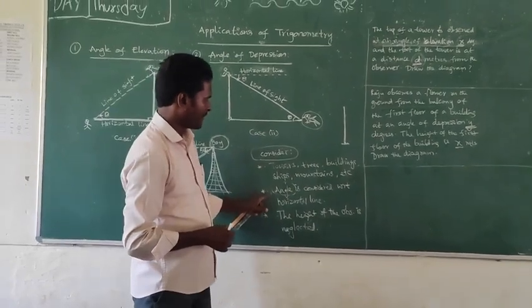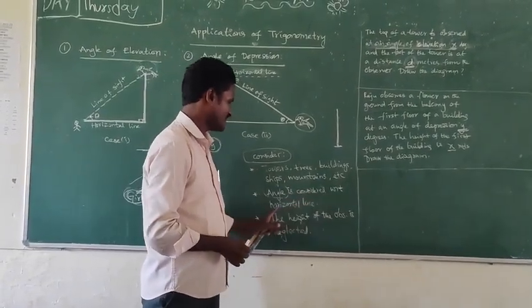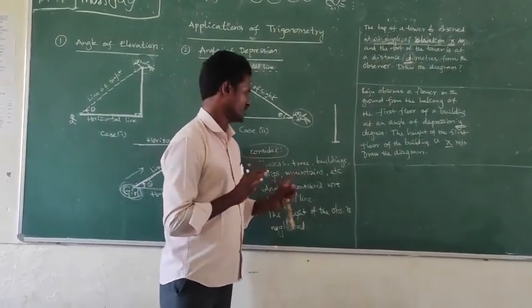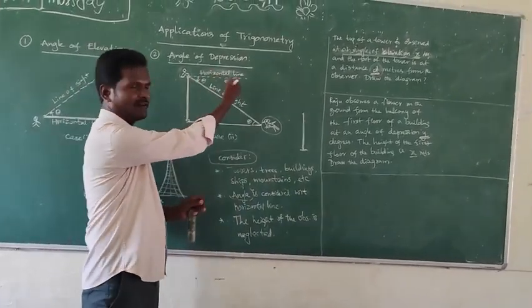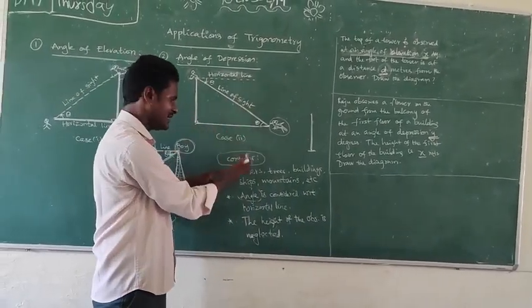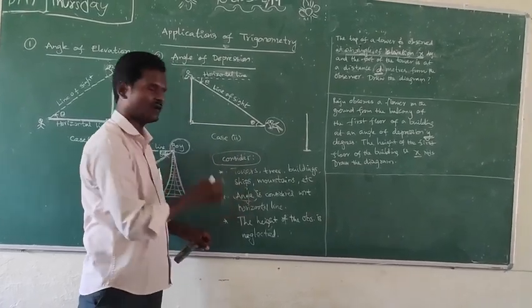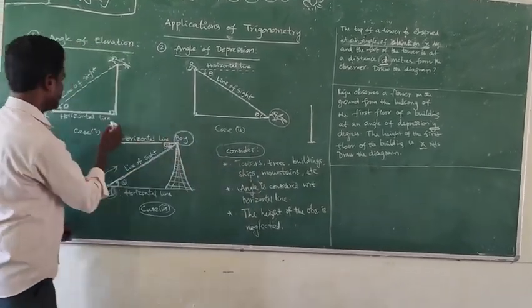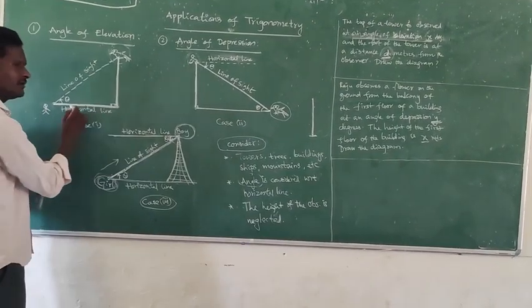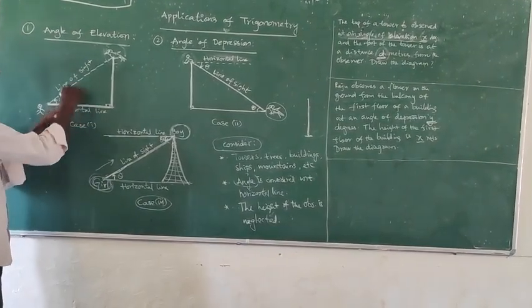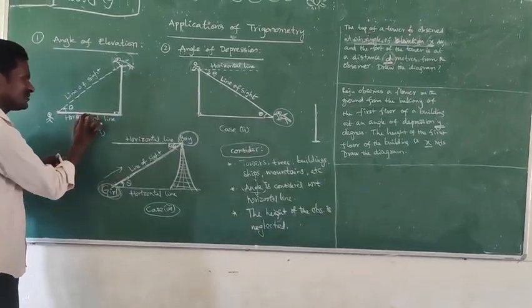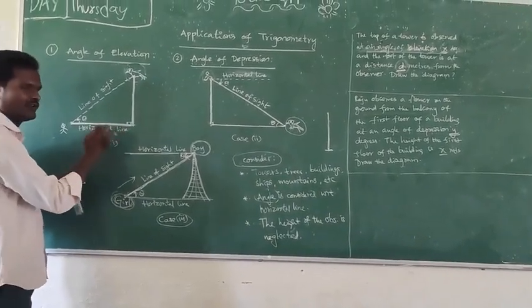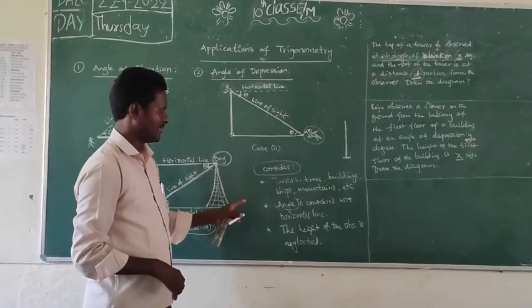The angle is considered with respect to the horizontal line only. The angle means the angle of elevation and the angle of depression. Both these angles are considered with respect to the horizontal line only, whether the line of sight is above the horizontal line or below it.